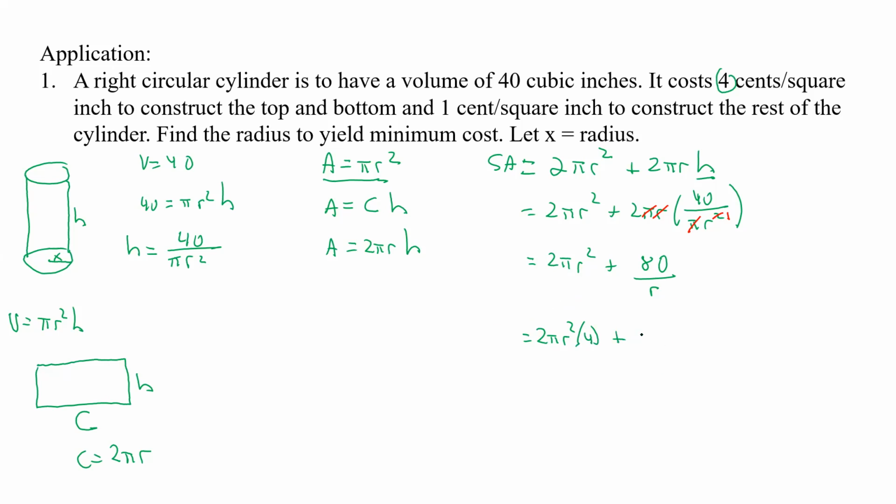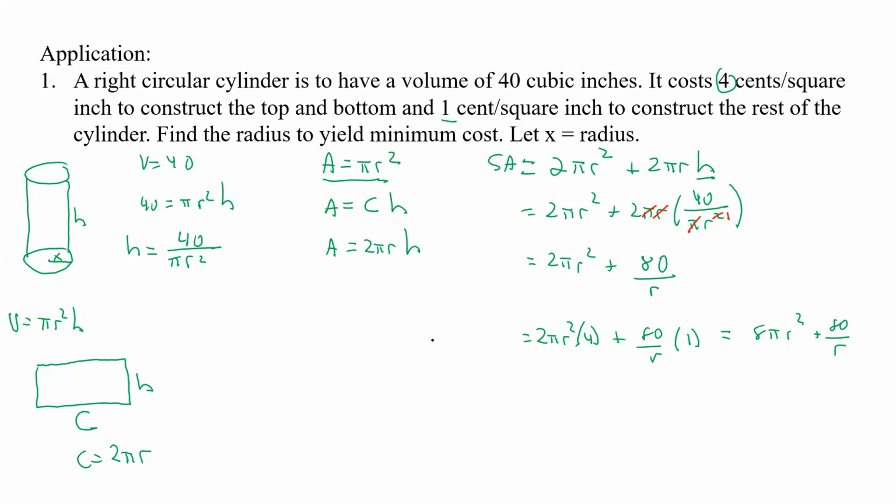And then plus 80 over r times its price. Well, it was only 1, so that's just 1. So 2 times 4 is 8, so that's going to be 8 pi r squared plus, times 1, 80 over r.